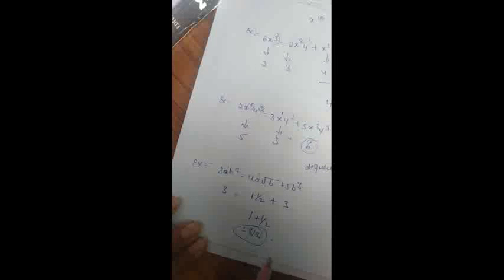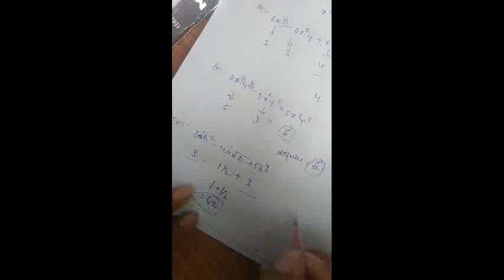This is not a non-negative integer; it is a fraction value, so it is not valid as a degree. So we consider both as 3, and 3 is the degree of the polynomial.